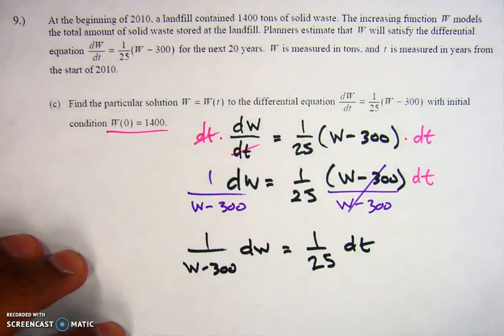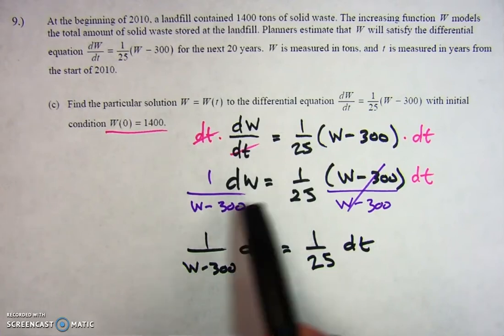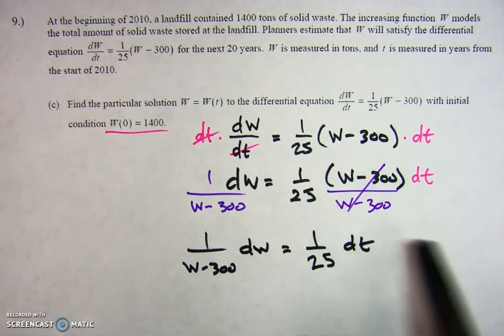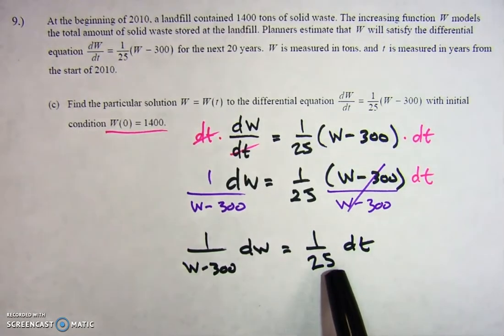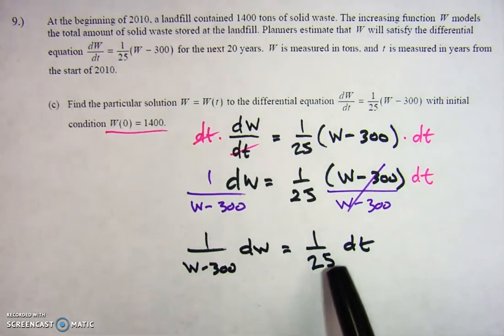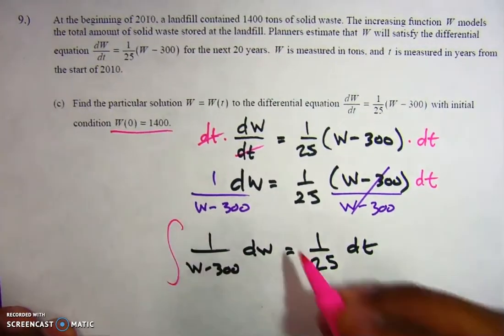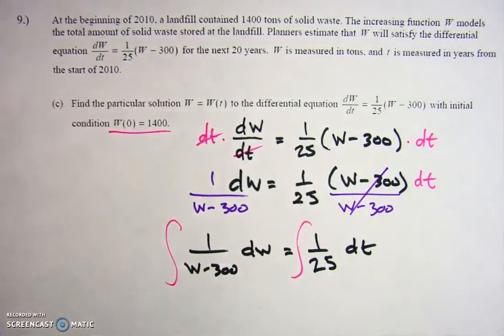So remember that the main thing with separating variables is you want to gather, in this case, the W's with the dW's, and we don't have a variable t, but 1 over 25 dt is real easy to integrate when we separate and integrate both sides.